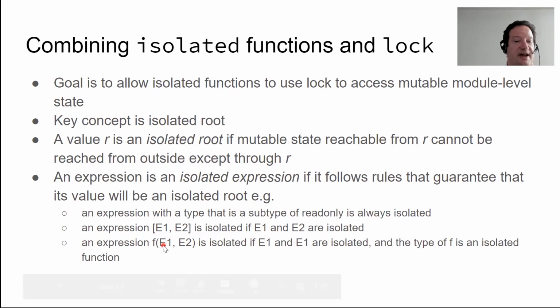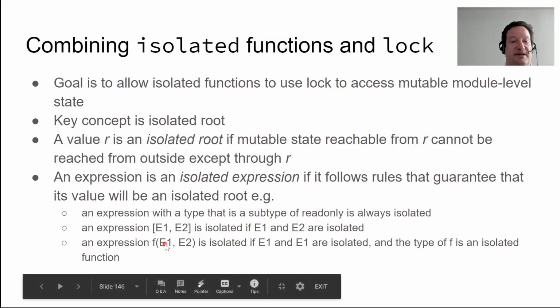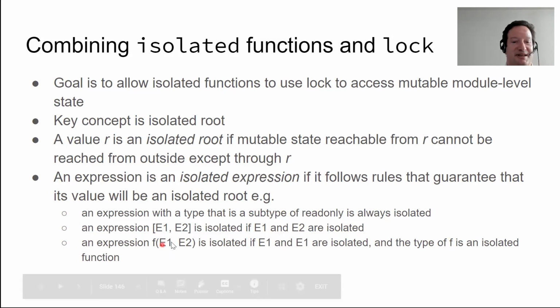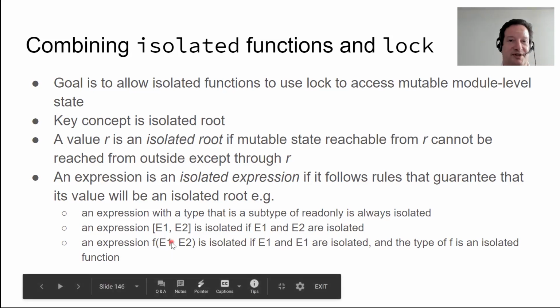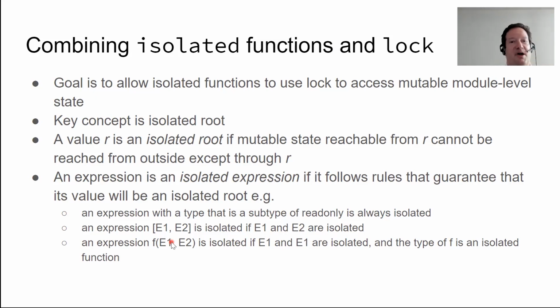In other words, if we know each argument is an isolated root, and we know the function is an isolated function, then the value we get back from calling it will also be an isolated root. You might have to think about it, but you will see that it is true. Okay, so how do we use this to combine isolated functions and lock?